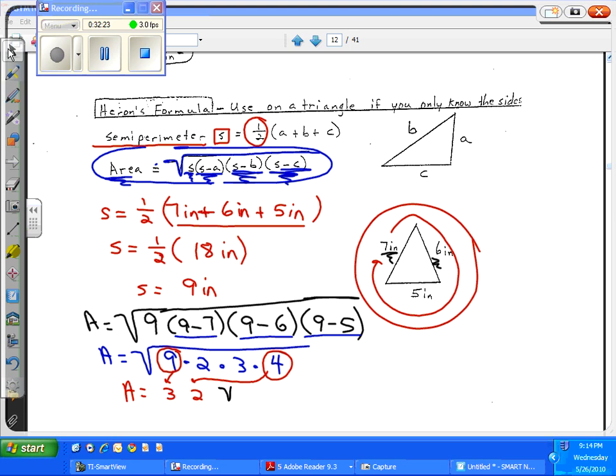That other 2 and 3 would be singles, so they would go back in. And then you would multiply, and we would get 6 square root 6 for the area. 6 square root 6 inches. Any questions on Heron's formula?